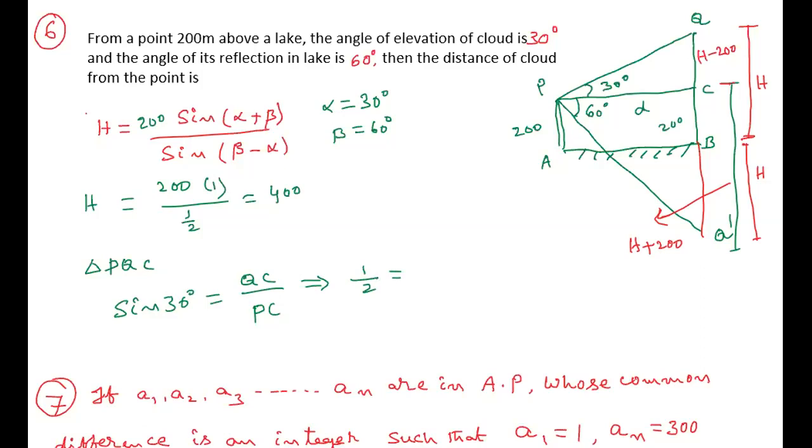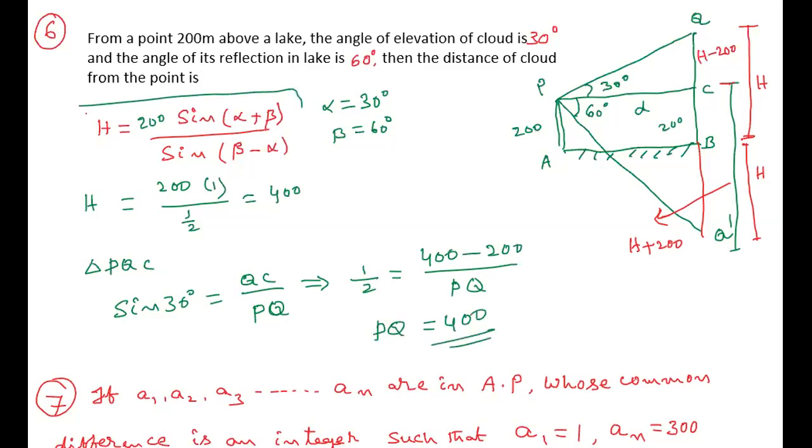H value is 400 here. 400 minus 200 divided by PC, not PC, this is PQ, sorry. PQ is the hypotenuse now. So what is the PQ length finally? That is 400. So this is a shortcut formula. Use that, so you will get the answer easily.